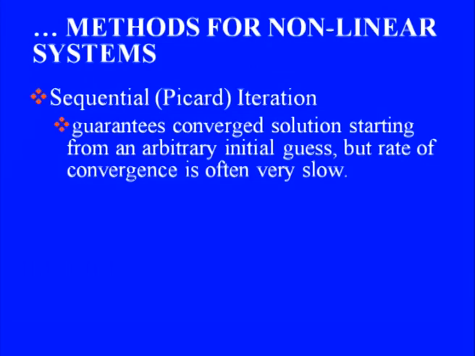So, these sequential iteration schemes might look very simple, but they work fairly well. The only thing is they require a large number of iterations. Our sequential iteration process guarantees converged solutions starting from an arbitrary initial guess, but the rate of convergence is often slow.